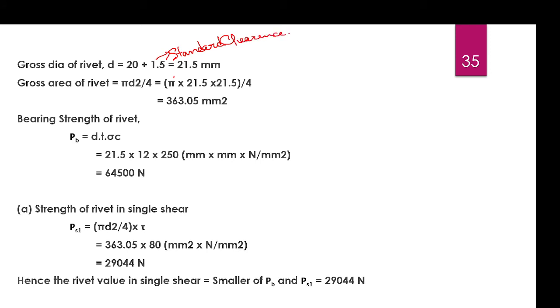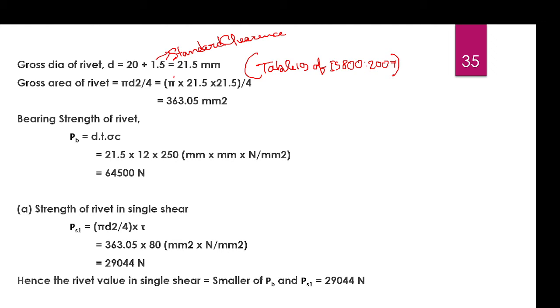And to find out the standard clearance, go to table number 19 of IS 800 2007. There you can have standard clearance for different ranges of diameter of bolt or rivet.